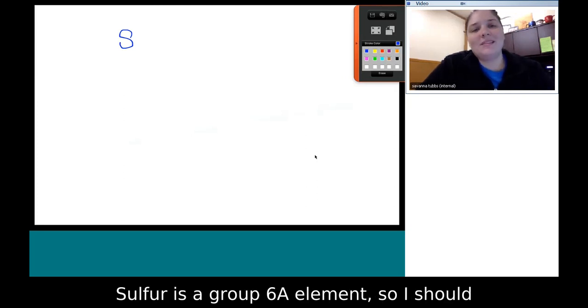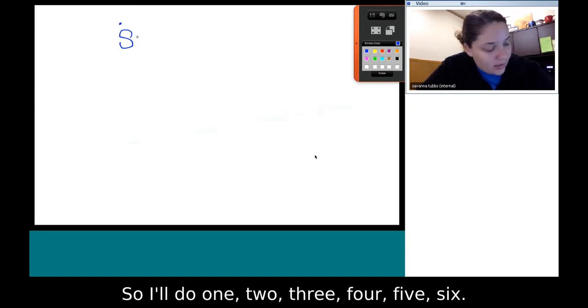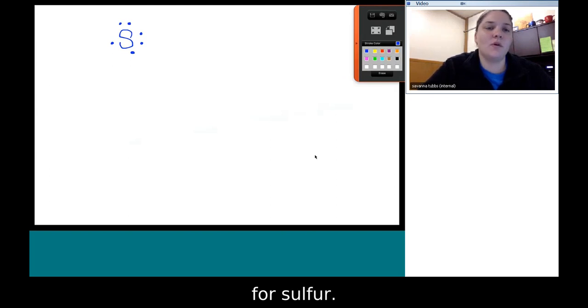Sulfur is a group 6A element, so I should have 6 dots surrounding it. So I'll do 1, 2, 3, 4, 5, 6. Once I have all 6, I'm done, and this is my Lewis dot structure for sulfur.